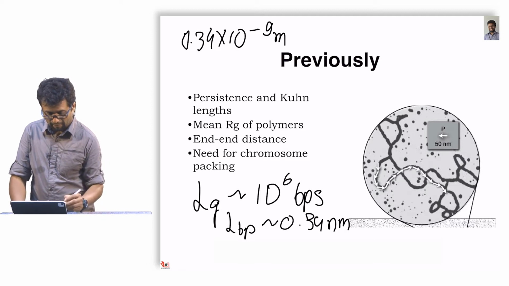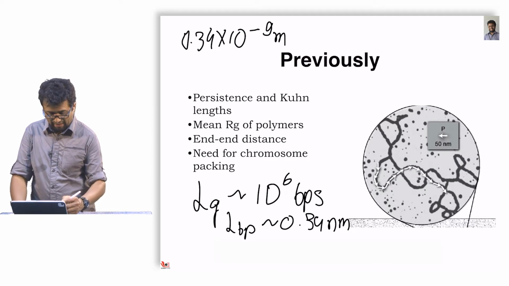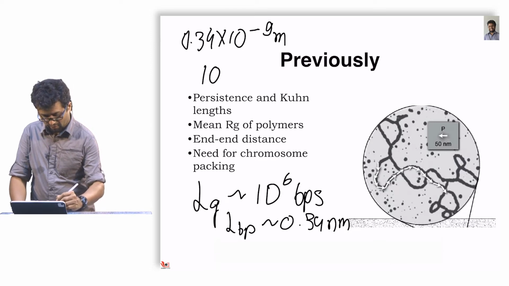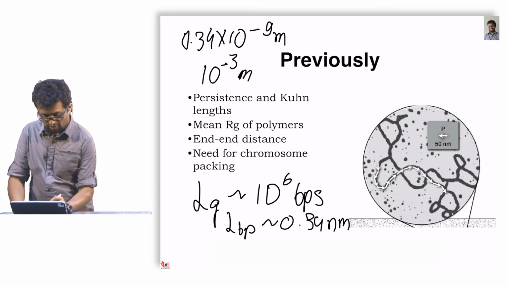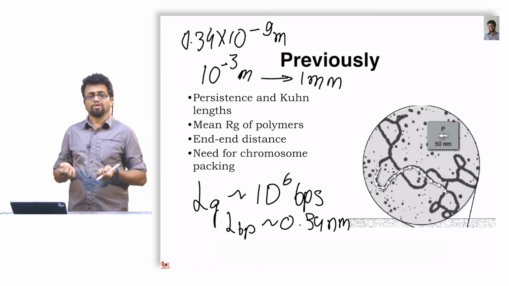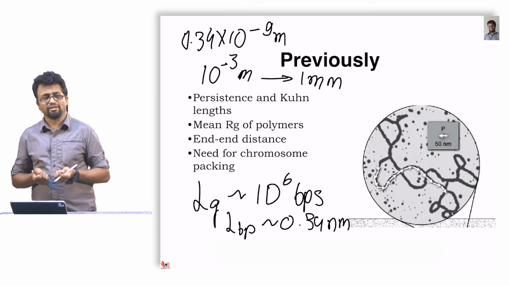If we now multiply this, we end up with 10 to the power 3 minus 3 meters, which should be approximately 1 millimeter. This is the absolute contour length of a polymer of bacterial DNA.